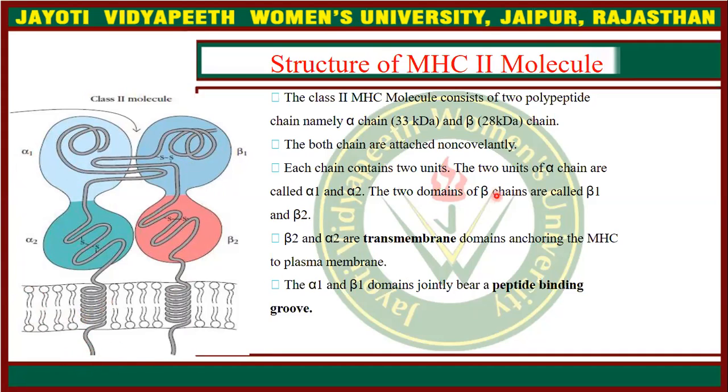The alpha chain is about 33 kDa and the beta chain is about 28 kDa. The chains are bound to each other by covalent bonding, and the bond between the amino acids is a disulfide linkage.